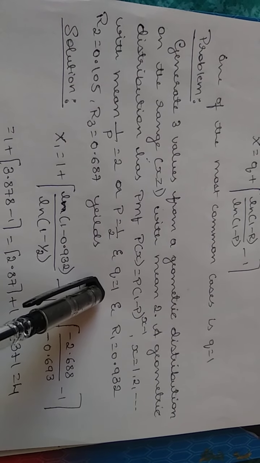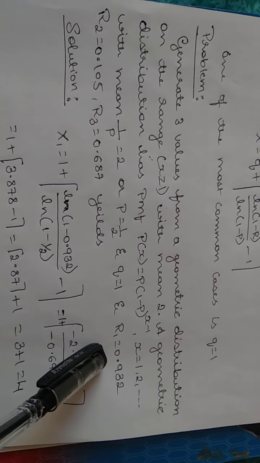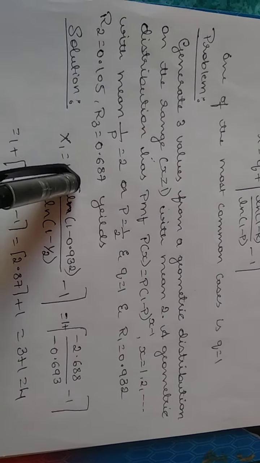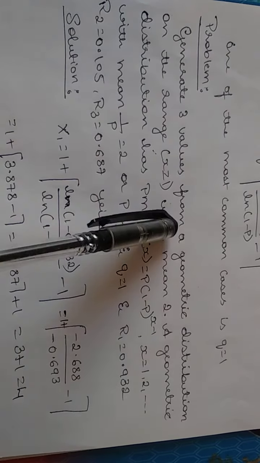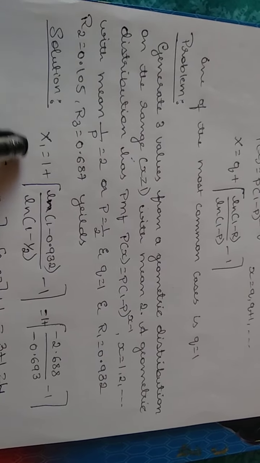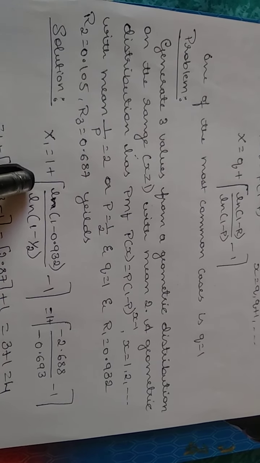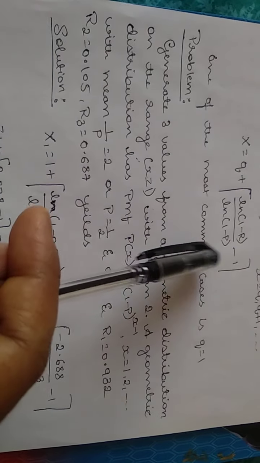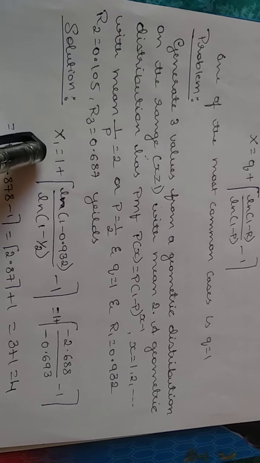The p and q values are already given, and the r values r1, r2, r3, because you have to generate 3 values for geometric distribution, so 3 random numbers are given. Take this equation, x1 is equal to q plus ln of (1 minus r) divided by ln of (1 minus p), minus 1. The q value is given as 1.